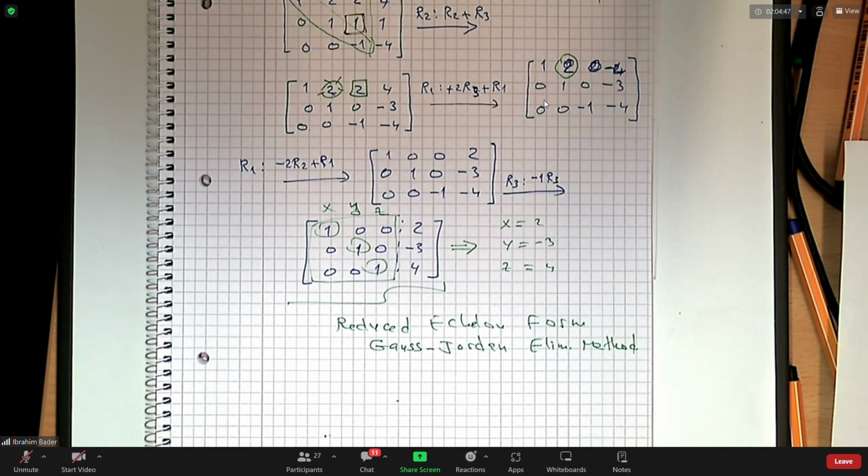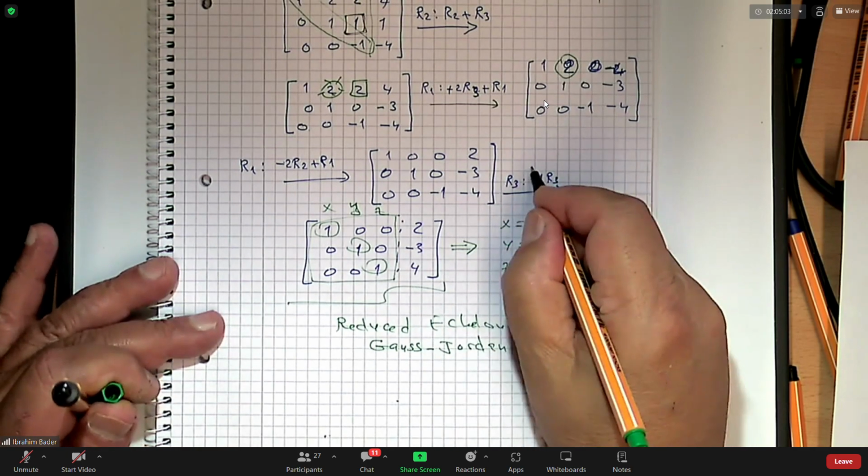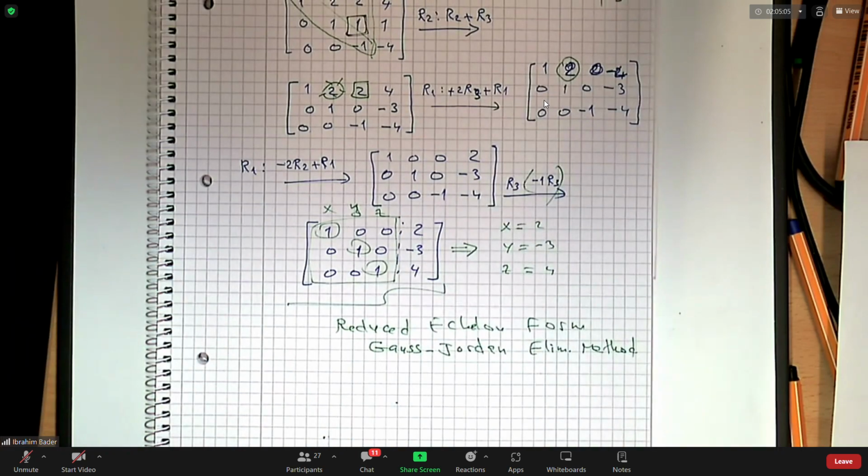It means that you just multiply the third row with -1. The notation is just multiplying this with the constant.